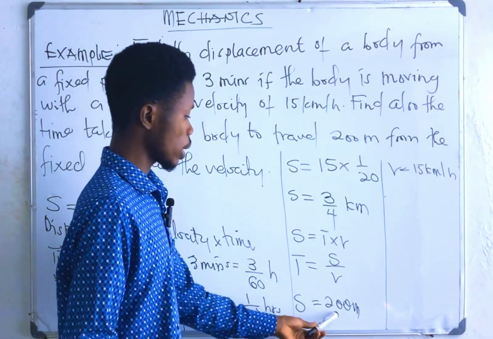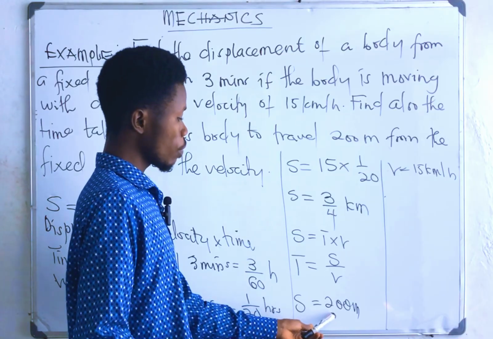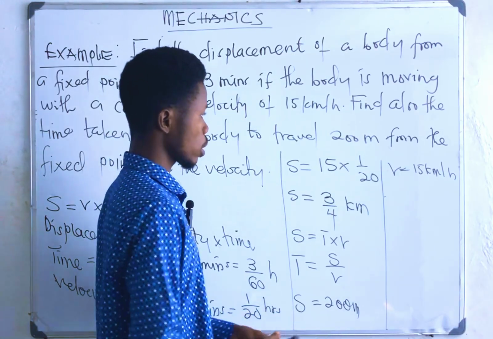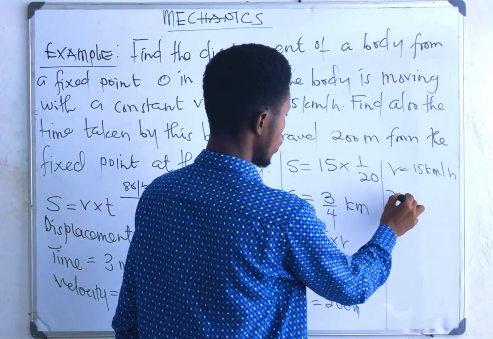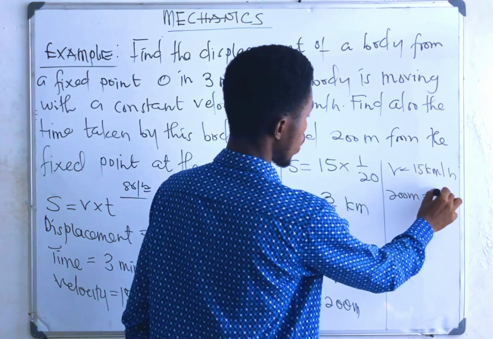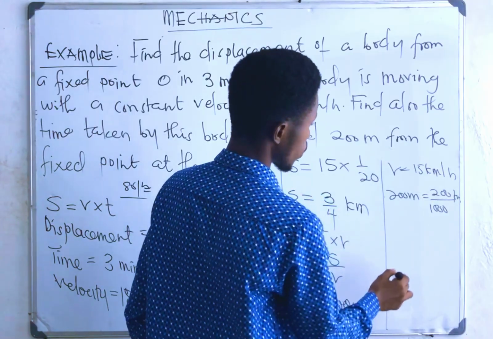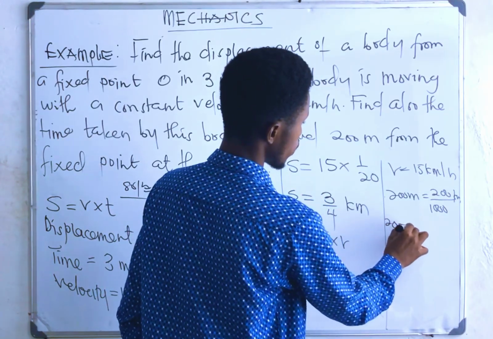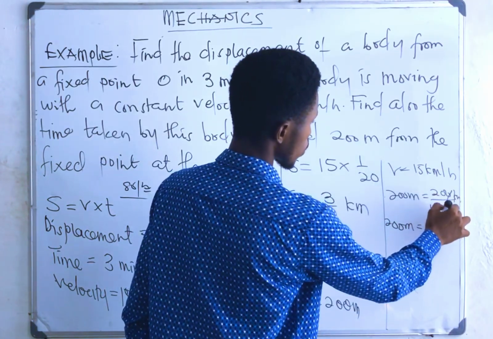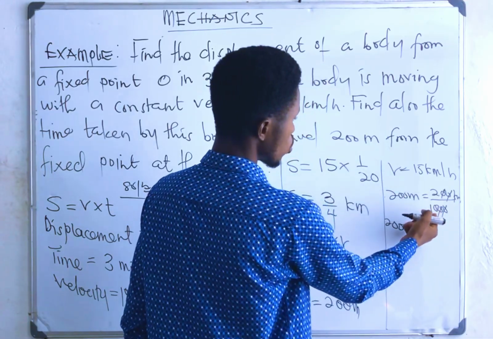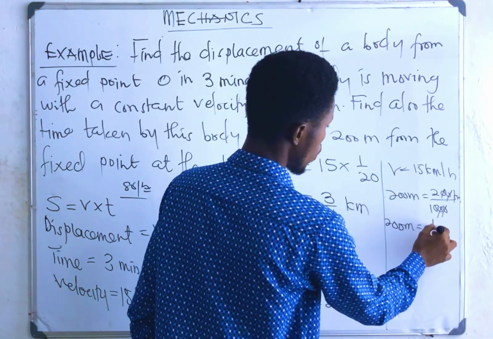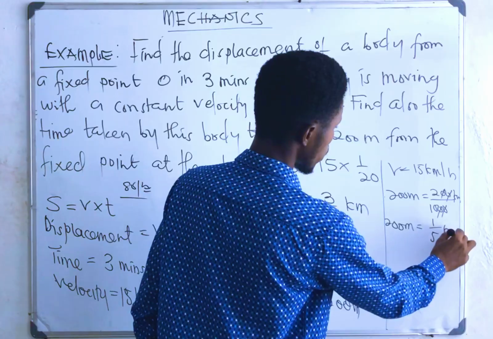So if I'm converting this to kilometers, I simply divide the 200 by 1,000. So 200 meters will be 200 over 1,000 kilometers. Is that okay? So this will cancel this, this will cancel this. 2 will go into 10, 5 times, right? So that will be 1 over 5 kilometers.